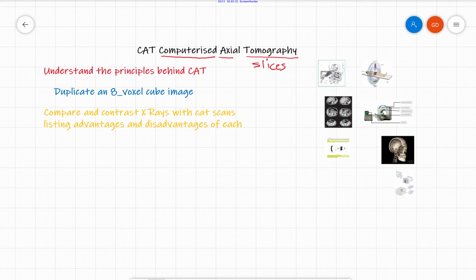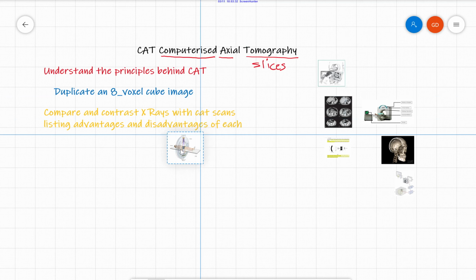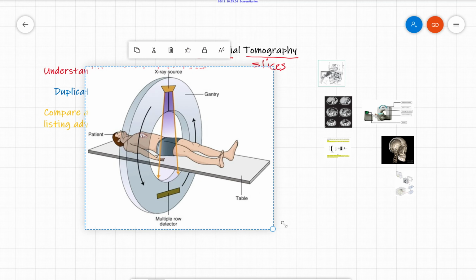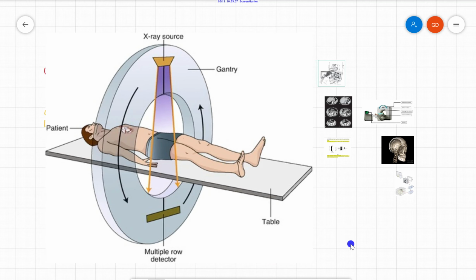The slices are the basics of the CAT scan images, the basics of functioning. It is based on building up slices, packing slices above each other in order to get, finally, a three-dimensional image.